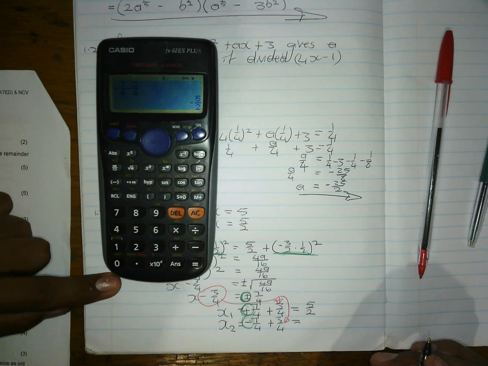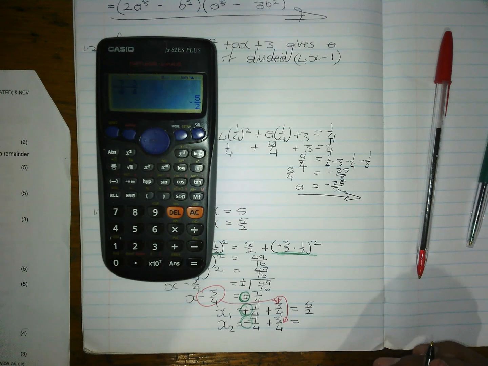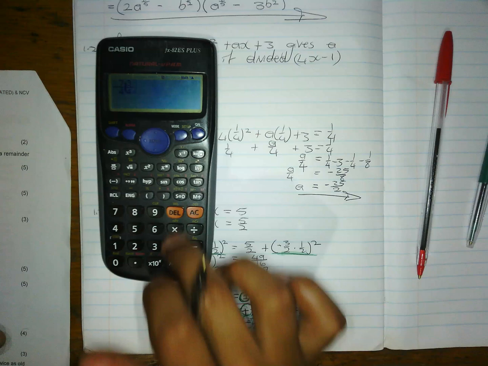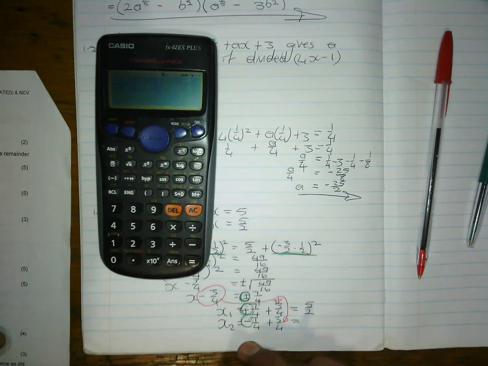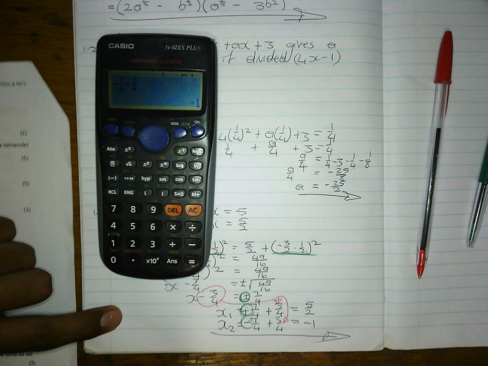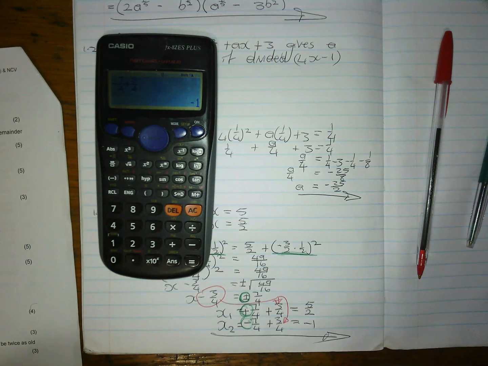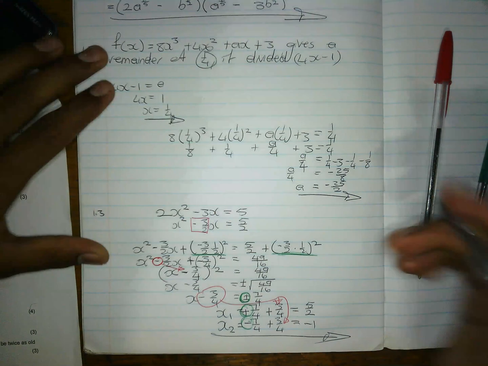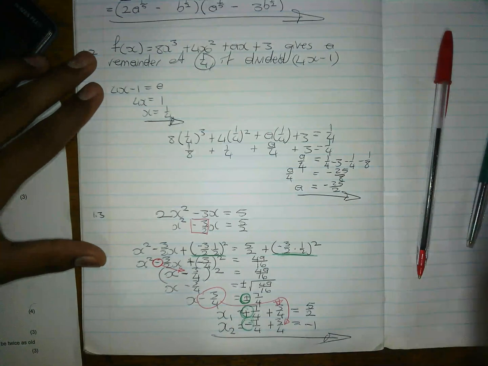Something is wrong here. Oh, yes, my bad. Negative 1. There you go. And there you go. Completing the square. This is completing the square.